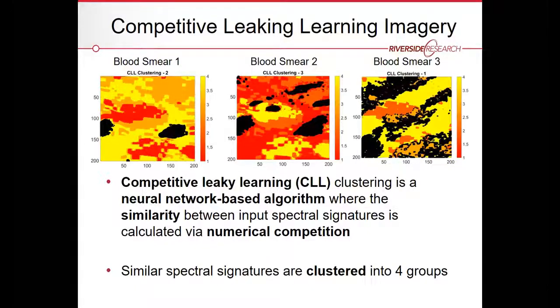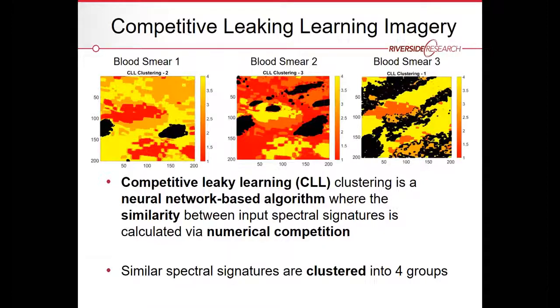What you're doing is segmenting or grouping bloodstain signatures with bloodstain signatures and camouflage signatures with camouflage signatures. So you want to group like pixels with like pixels. We were able to use 4 groups to really distinguish the blood-stained cloth from the camouflage cloth. And what you see in black is the blood-stained cloth.